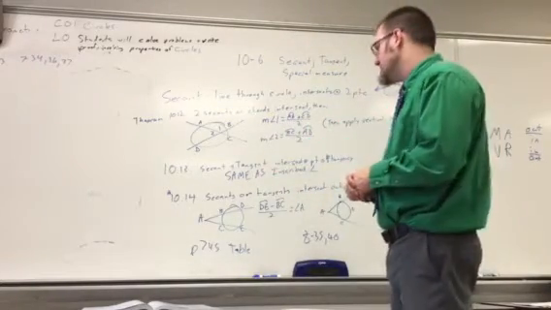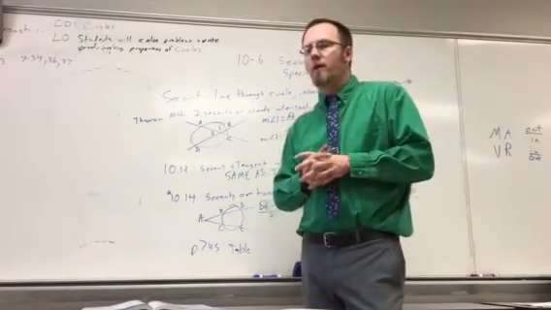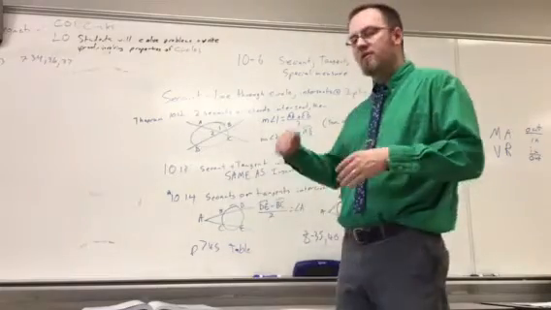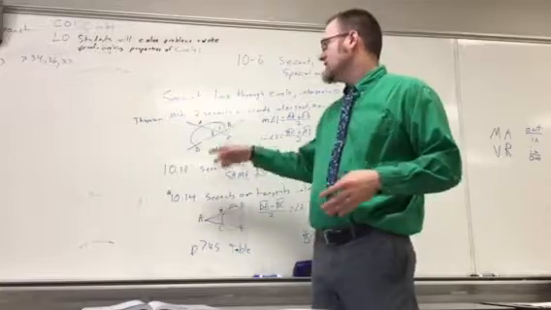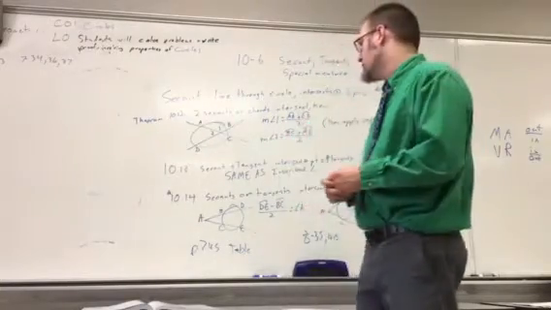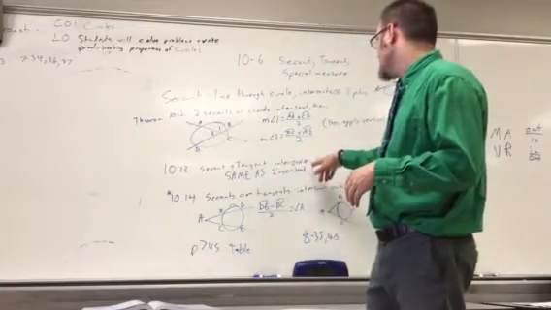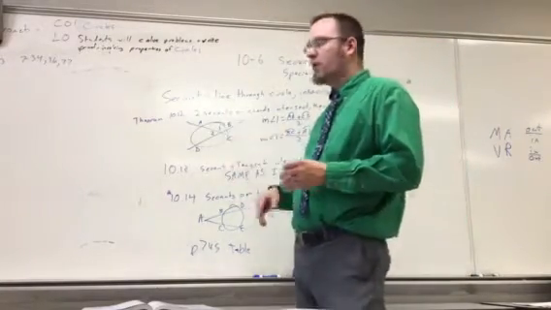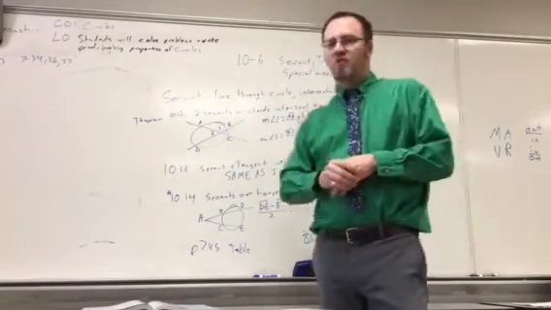Theorem 10.13. If you want to write it down word for word for how it appears in the book, if a secant and a tangent, remember the tangent intersects at 1 point on the outside of that circle, and the secant goes through, intersects in 2 points, but it's not necessarily like a diameter. If they intersect at the point of tangency, which is the 1 point where that tangent line touches the circle, then it's the same as the inscribed angle.